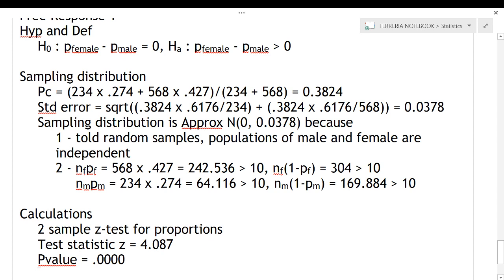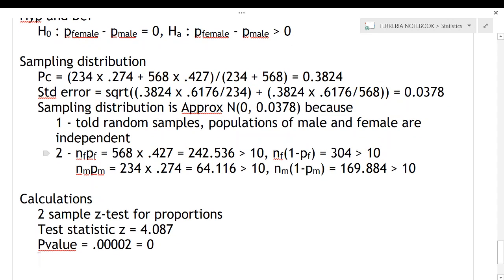Could we write 0 for that? Yeah, you could write 0. Let's make our decision. What's our alpha level? It doesn't say. So 0 is less than 0.05. Reject H naught.